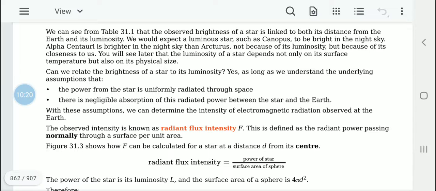When we relate the brightness of a star to its luminosity, we make the following assumptions. Number one, power from the star is uniformly radiated through space. Number two, there is negligible absorption of this radiated power between the star and the Earth.